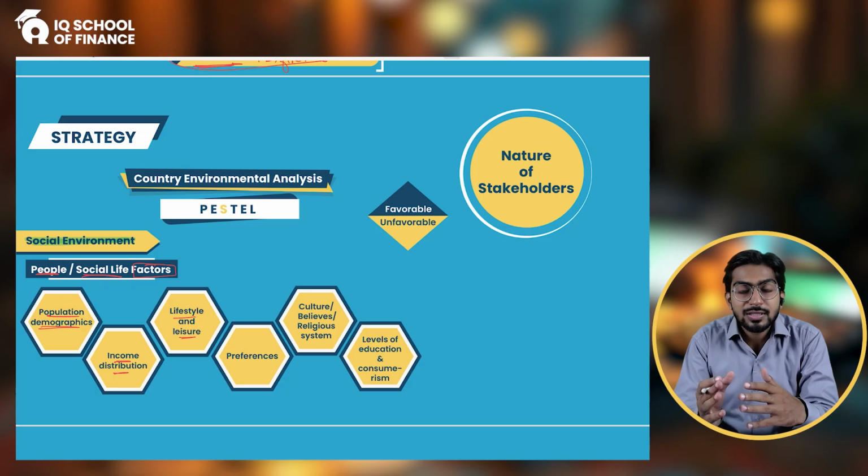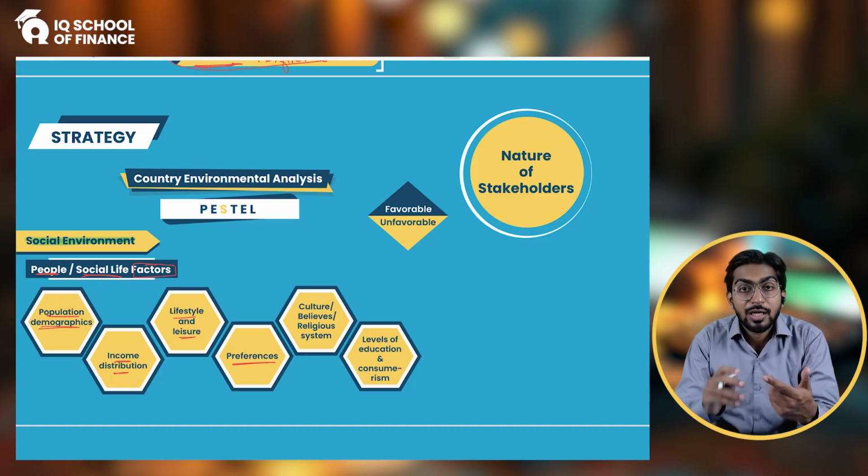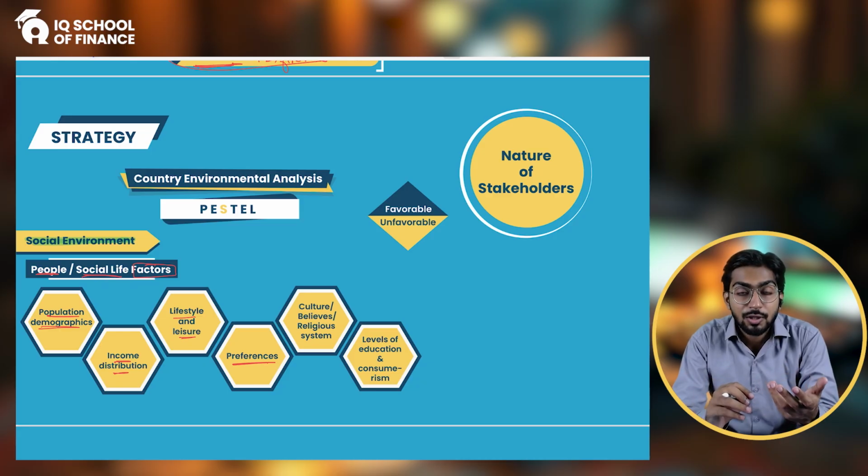If they are not into these things, obviously you would not be investing in these kinds of products or activities, right? And the preferences: what do they like, what don't they like, what they think is good and what they do not think is good, and accordingly you will adjust yourself.